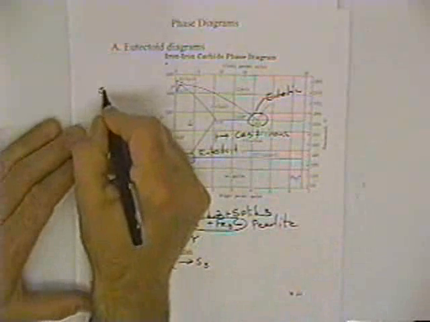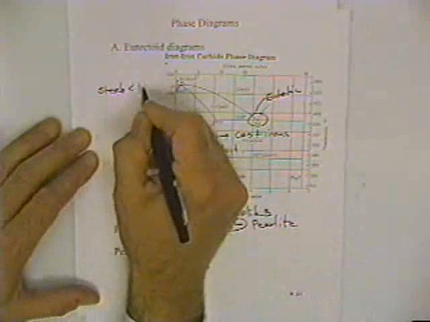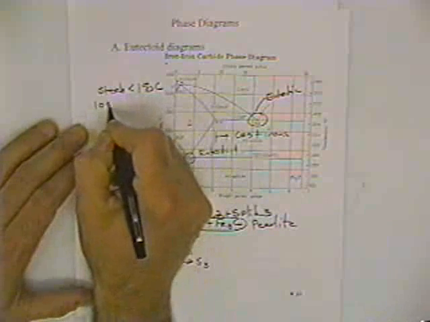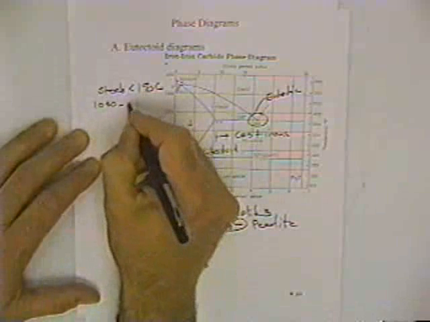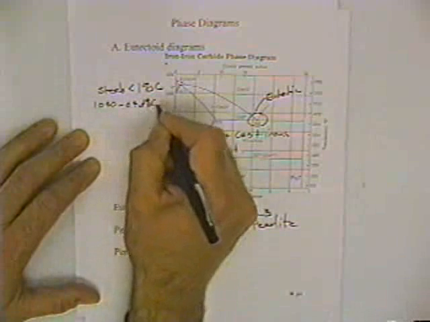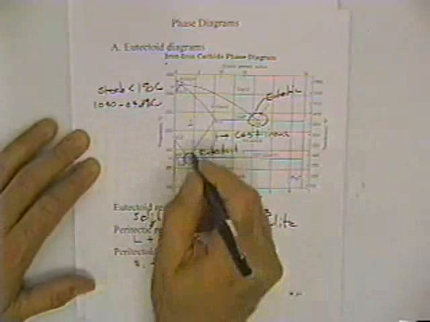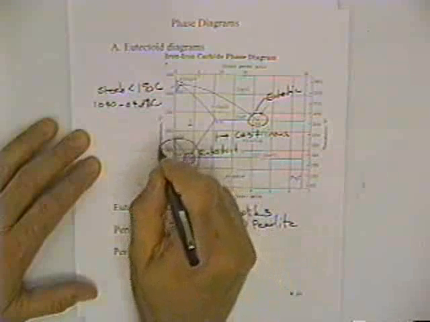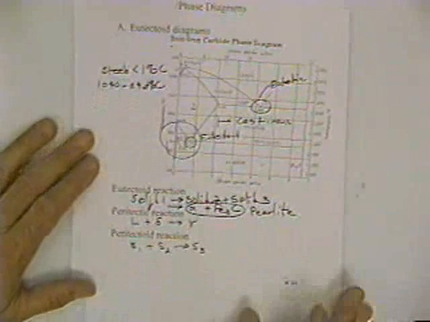Generally, steels have less than 1% carbon. 1040 steel, which would be a plain carbon steel, would have 0.4 weight % carbon in that particular material. So for most of the steels, the regions of interest would be in this portion of the phase diagram.